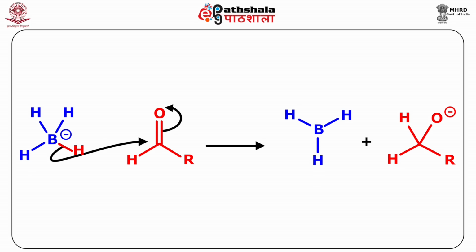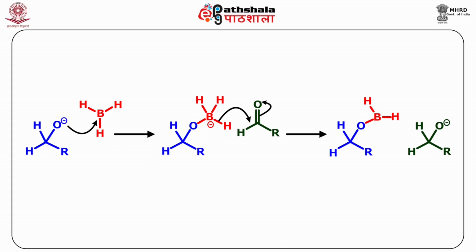Note that it is the hydrogen atom that forms the new bond to the carbon, and this reaction can be shown with the arrows as shown here. This results in an oxyanion, and the oxyanion produced in this initial step helps stabilize the electron deficient BH3 molecule by adding to its empty p orbital, and as a result a tetravalent boron anion is produced again, which in turn transfers a second hydrogen atom to another molecule of aldehyde as shown here.